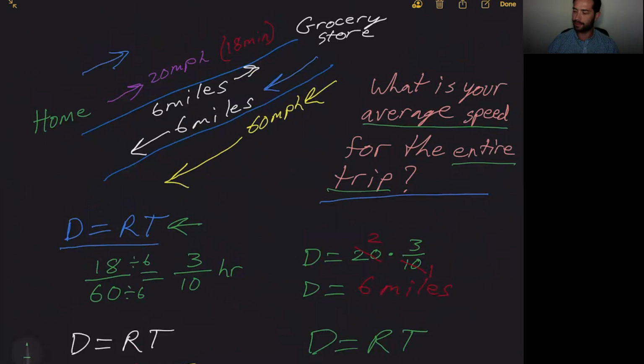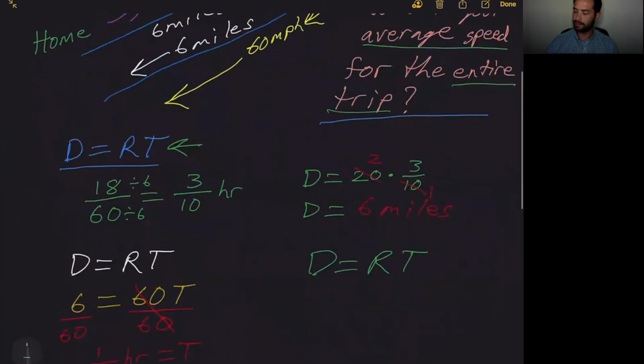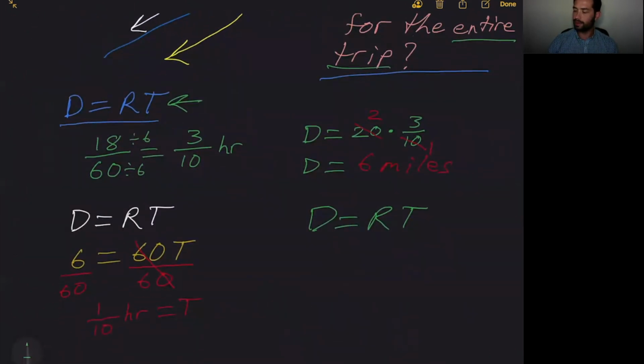All right, so here's what we have to do. We have to take our distance, which is 6 miles one way and 6 miles the other way. So the total distance, right, let's write that down, total distance is 6 plus 6, which equals 12 miles.